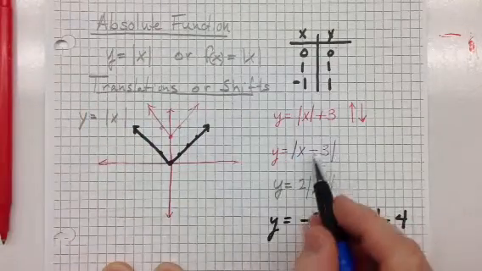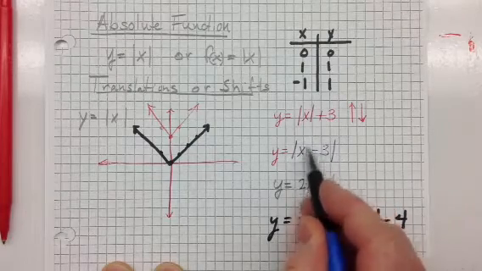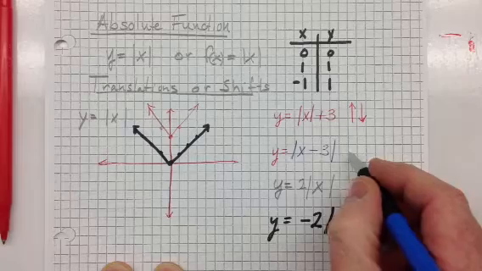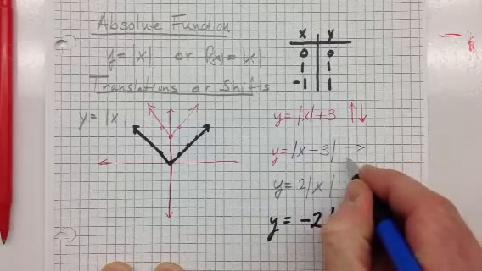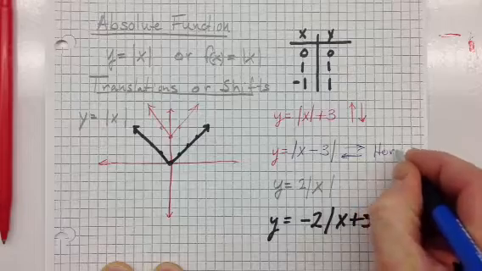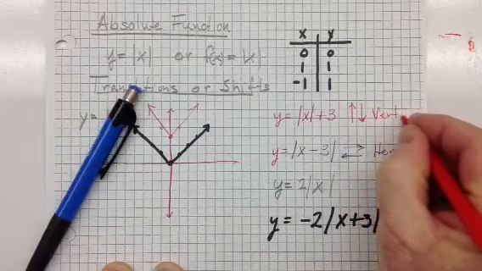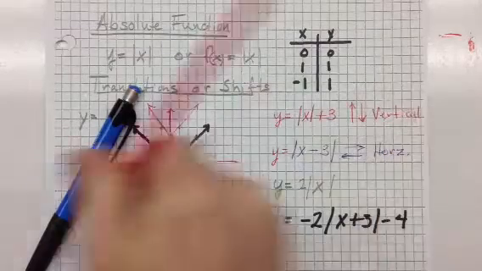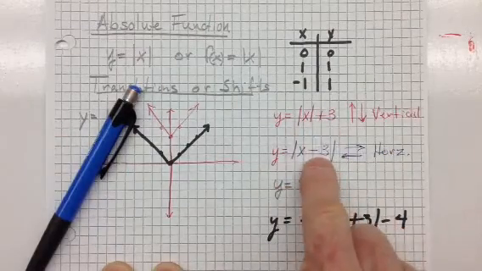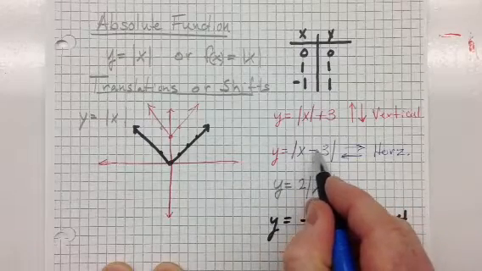Now I'll change pens again here. Look when the 3 is inside the function. When it's inside the absolute value, this actually causes a shift right and left. This is referred to as a horizontal shift. This one up here again is referred to as a vertical shift. So this shifts it up and down. When it's inside, it shifts it right and left, and it's opposite its sign.